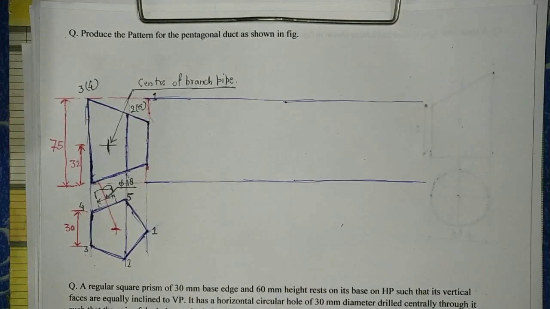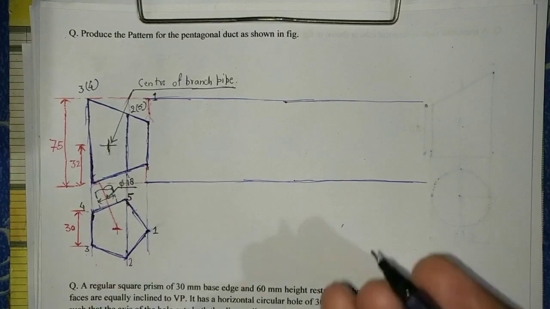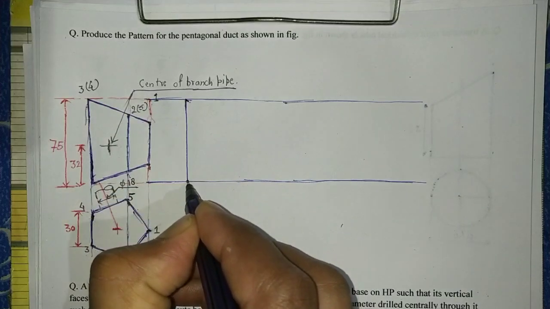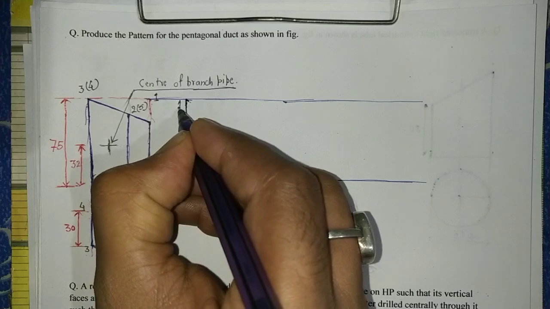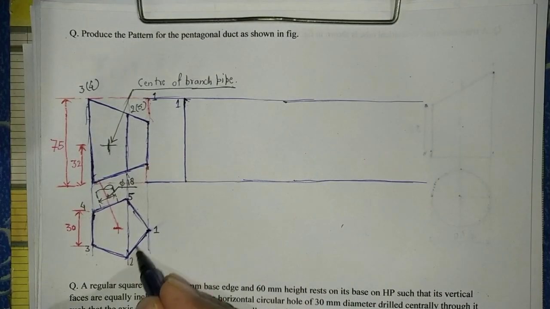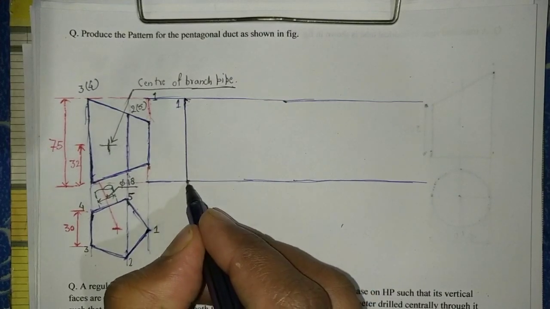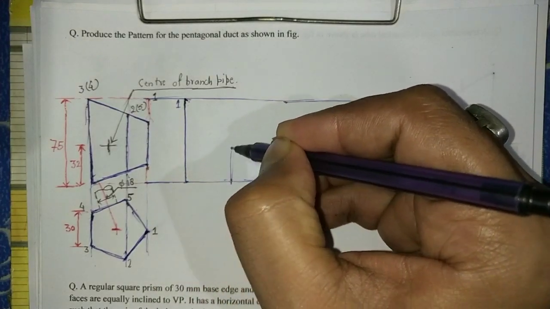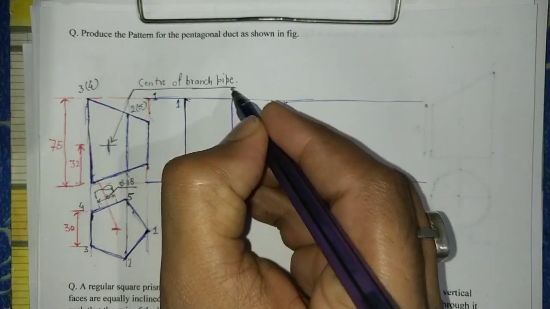Then we will start by taking one edge. Let us start from 1. So this is 1, then 2. We measure the distance 1 to 2 and put an arc, and then 2.